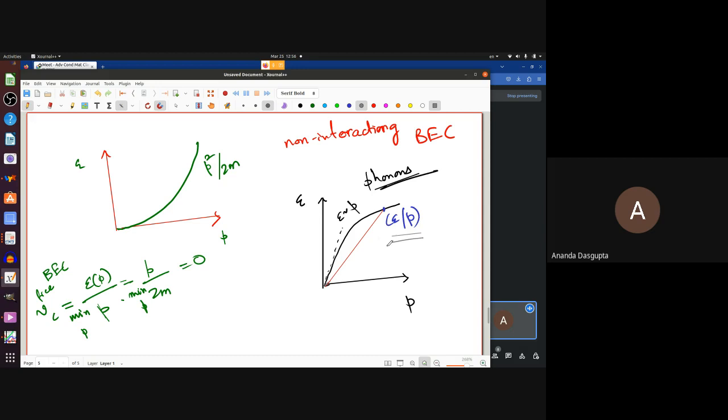Epsilon is the y coordinate, p is the x coordinate in this graph. What does the ratio between the two give you? Standard geometric question. So it is a slope. Slope of what?